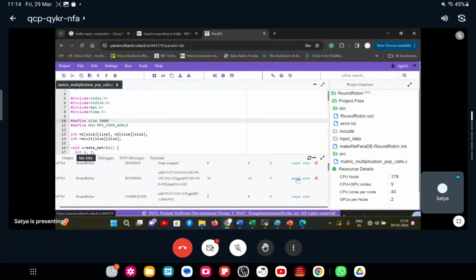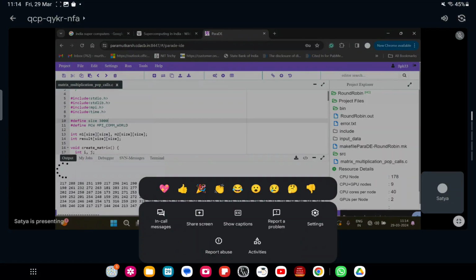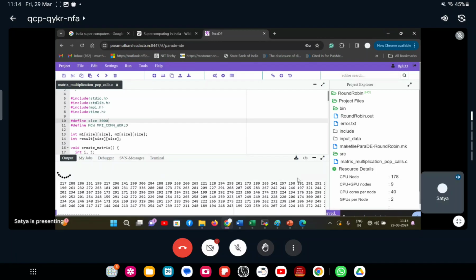Yes, someone please mention. 3000. 3000. See the output. Can you compute manually? No. Will you compute through other programming? No. Only we need some supercomputing power, then only you'll get the output.